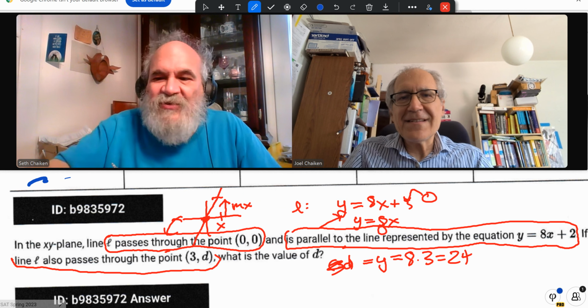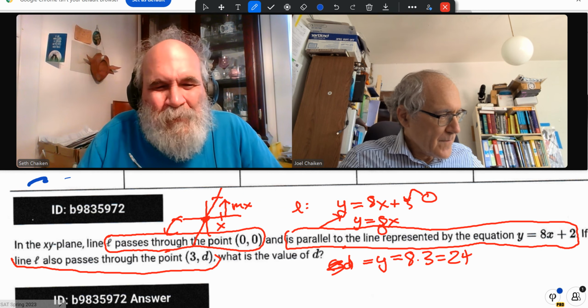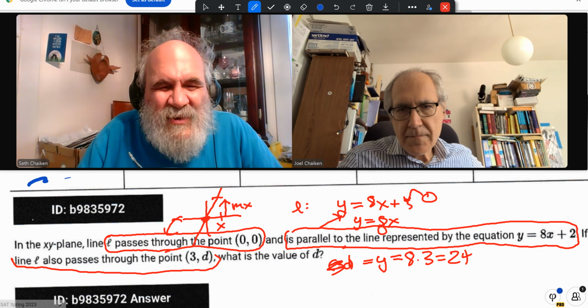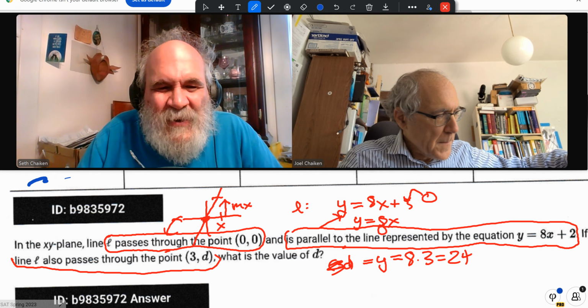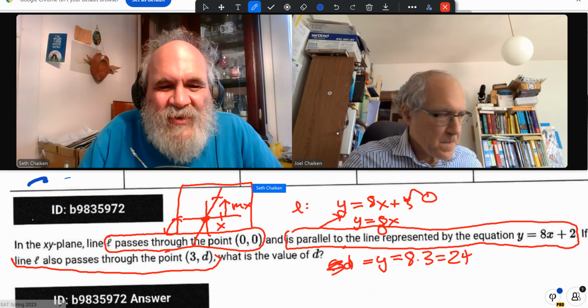I think what this problem is testing is, first, to have the image of the line going through the origin.